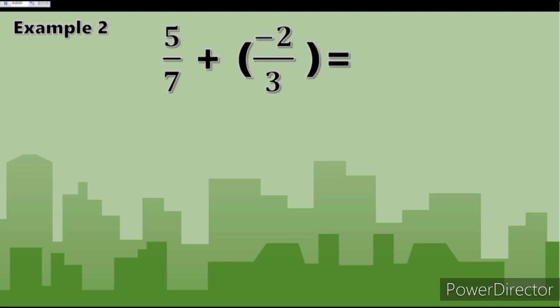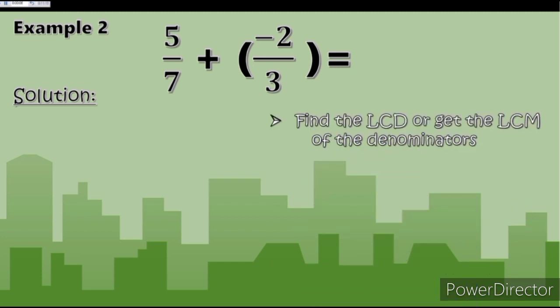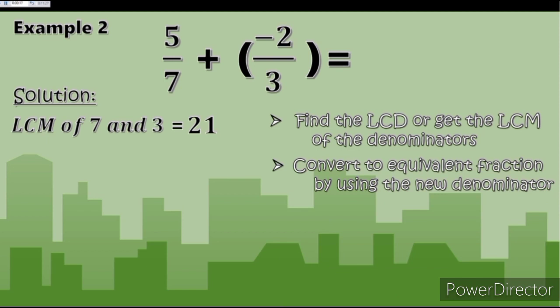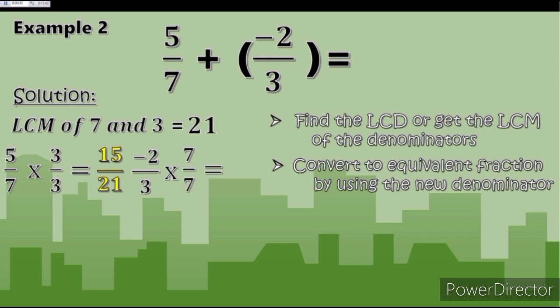Example number 2. 5 over 7 plus negative 2 over 3. For our solution, first, find the LCD or get the LCM of the denominators. The LCM of 7 and 3 is 21. Convert to equivalent fractions by using the new denominator. 5 over 7 multiplied by 3 over 3 is equal to 15 over 21. Negative 2 over 3 multiplied by 7 over 7.